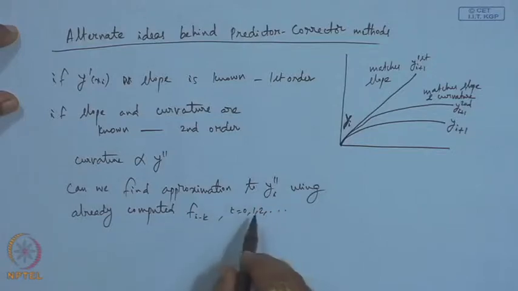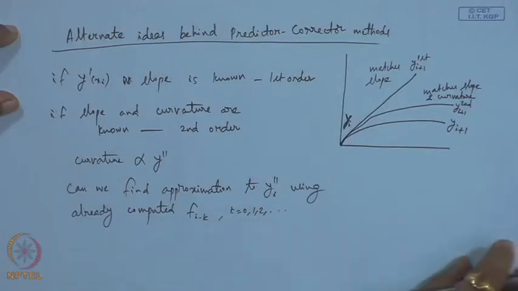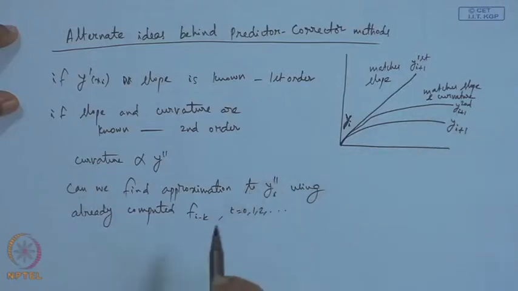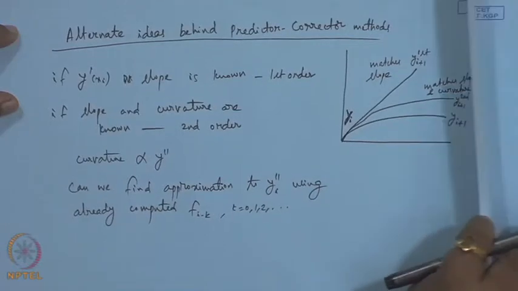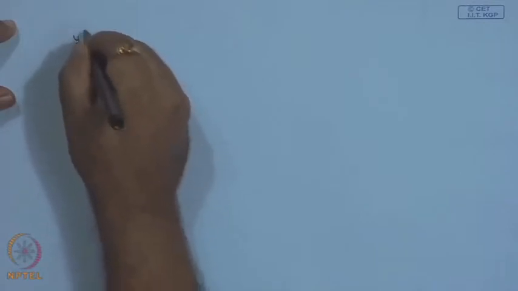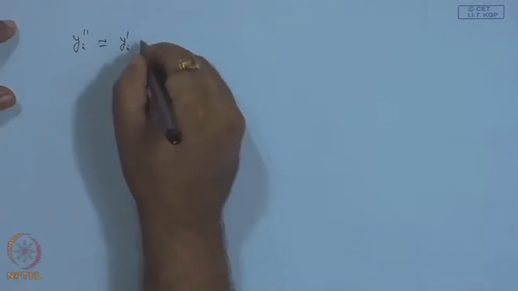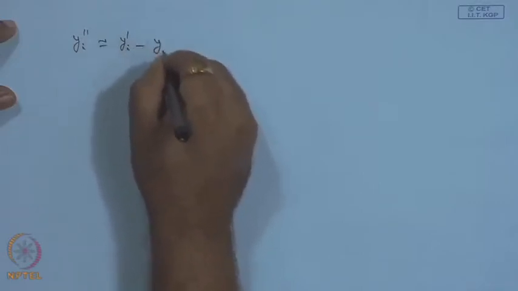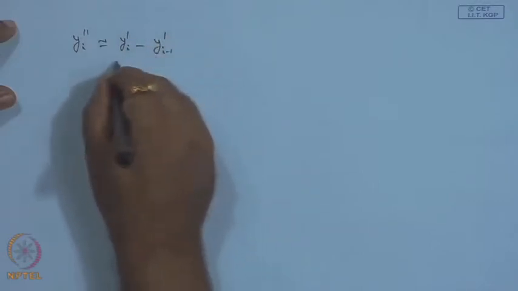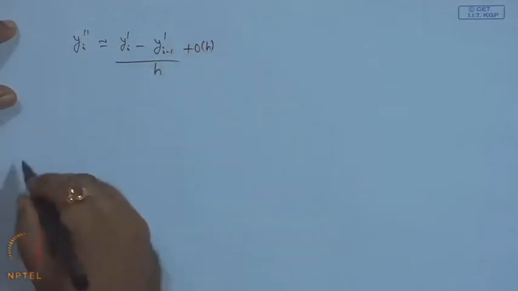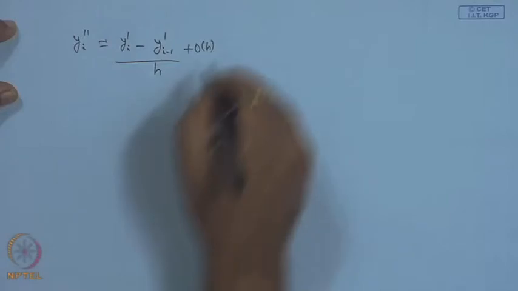So, this is the motivation. Can we approximate this? So, usual approximations of y i double prime, minus by h, the usual difference approximation.